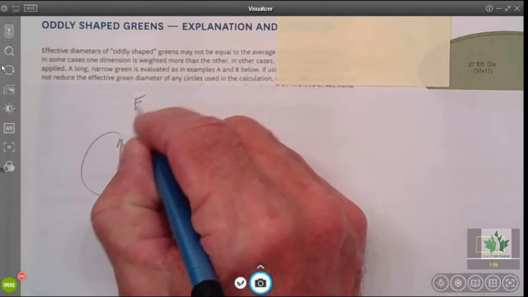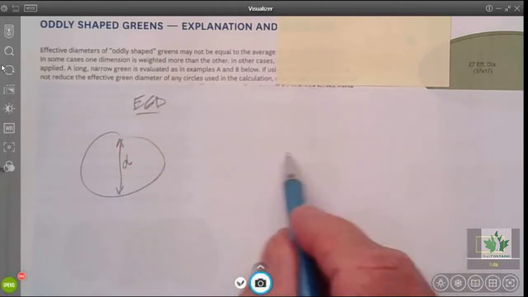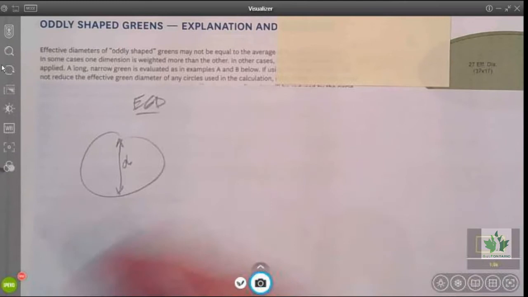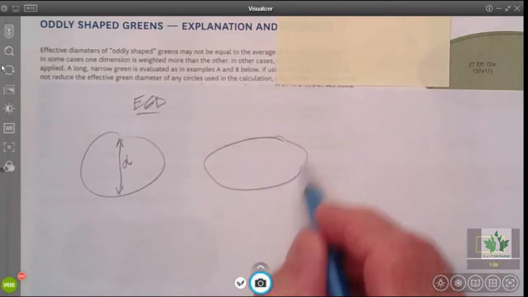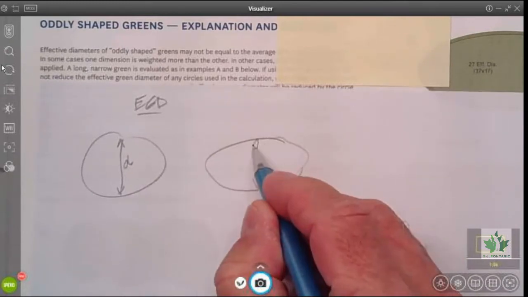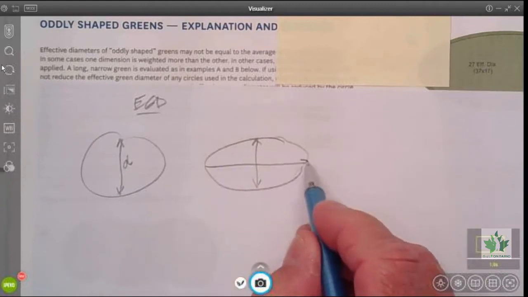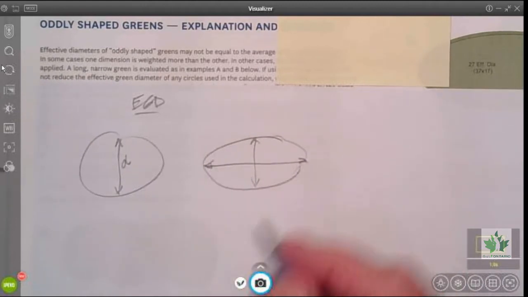These are all effective green diameter calculations, but circular greens can often stretch into ovals. And so on an oval, you'd have a long axis and a short axis. Could be an ellipse and whatnot.